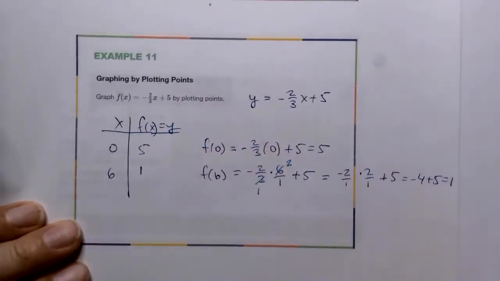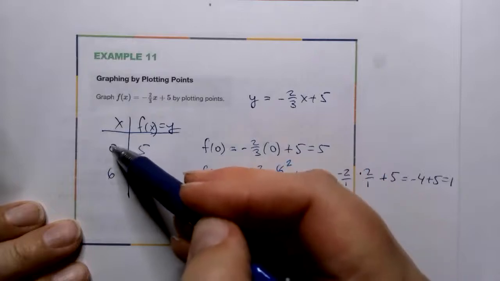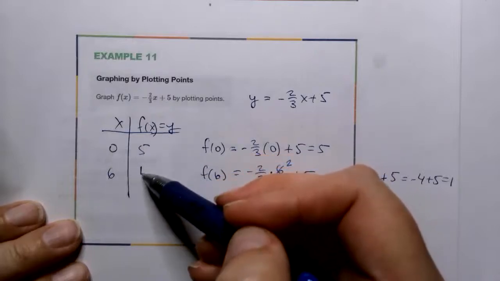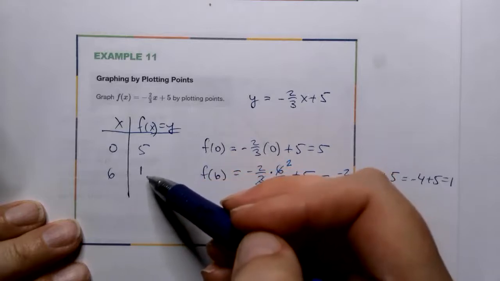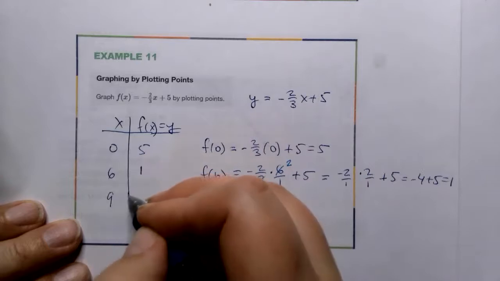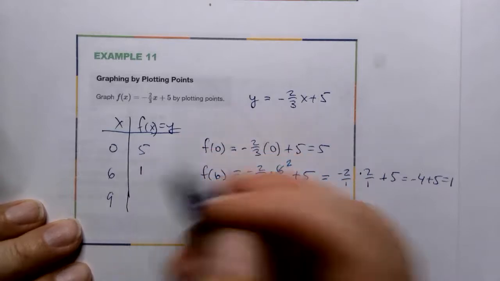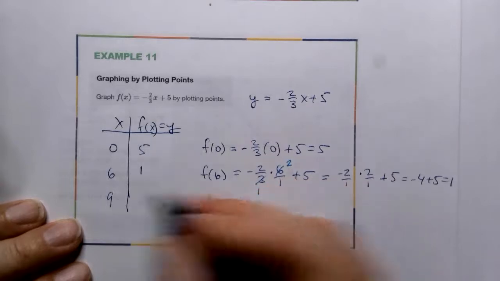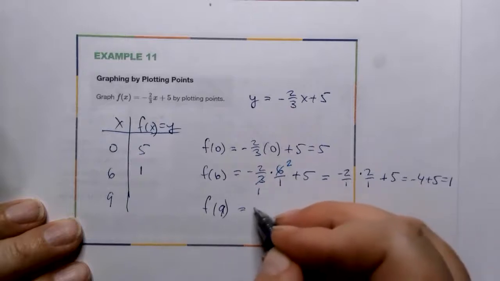Okay, I need one more, and here I see that my x's are increasing, my y values are decreasing, so it's a decreasing function. So maybe I will choose another value, 9, which I expect will put me into negatives right here. Let's see. So f of 9, again, 9 is a multiple of 3 because it will cancel out.